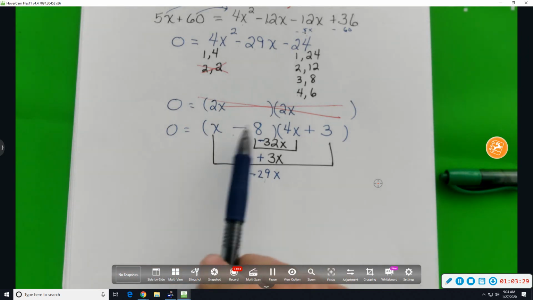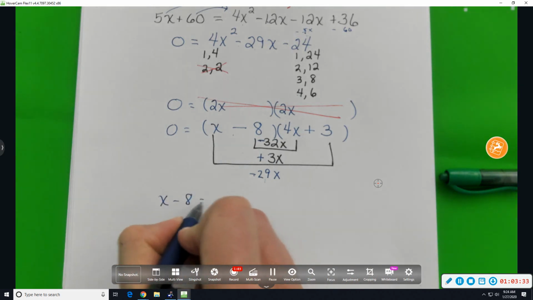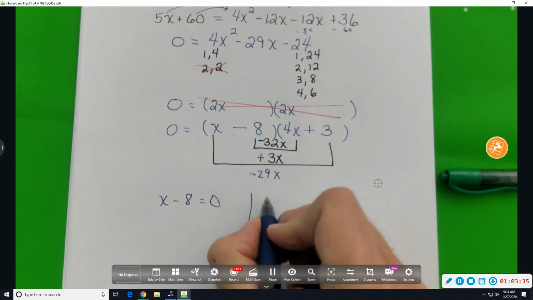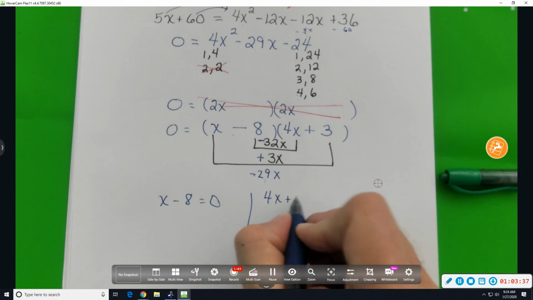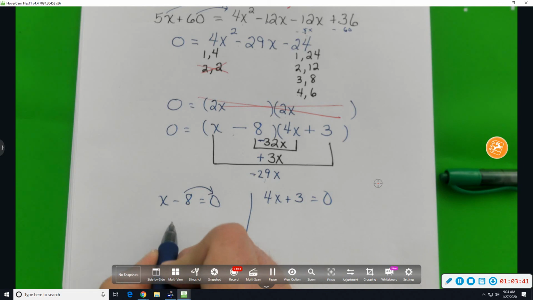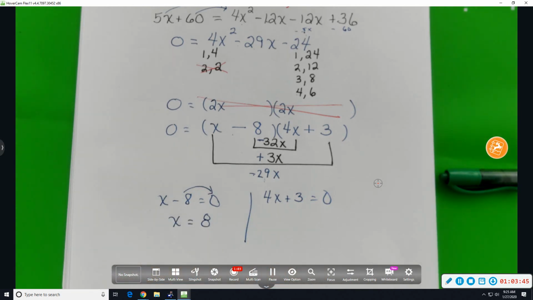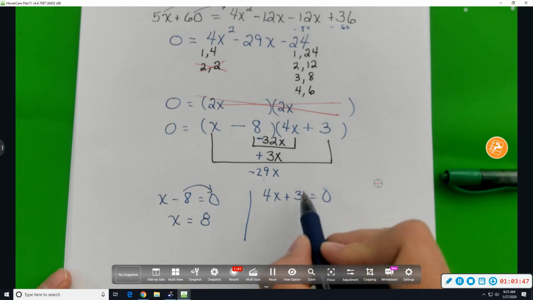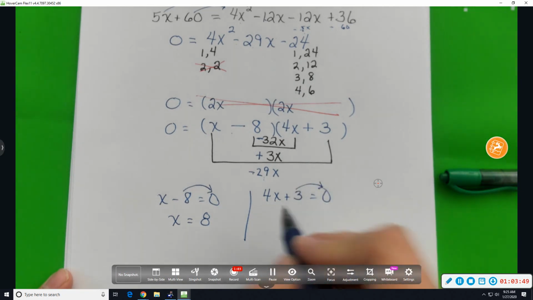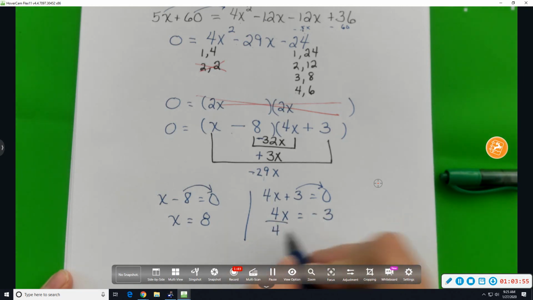So set each one of these factors to 0 and isolate the x. So the first one we have is x equals 8. And the other one, I would move the 3 over and then divide by 4.